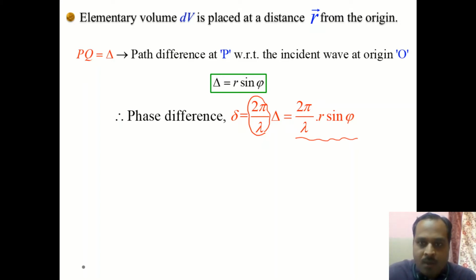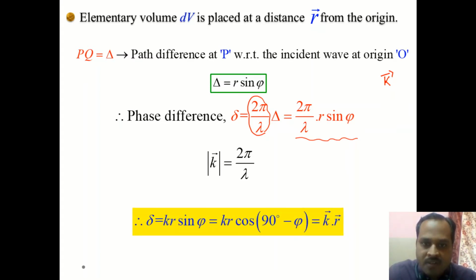In the plane wave expression, there is a term k, which is the wave vector, and the magnitude of the wave vector is 2 pi by lambda, which we know from basic electromagnetic wave theory. Now we can write the phase difference between the two incident waves as k r sin phi. In place of 2 pi by lambda we have written k, the magnitude of the incident plane wave, and sin phi can be written as cos of 90 degree minus phi, because cos of 90 degree minus phi is equal to sin phi.